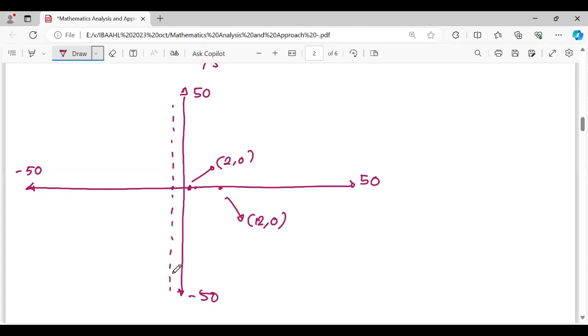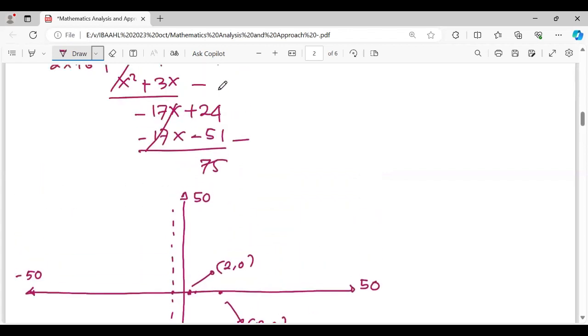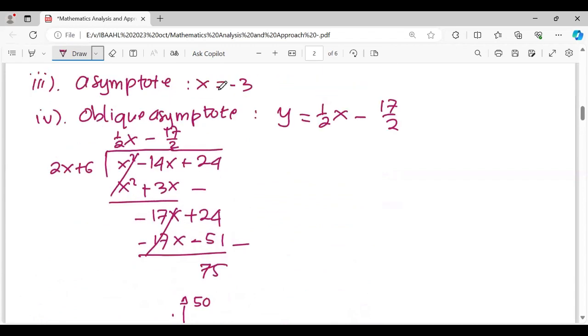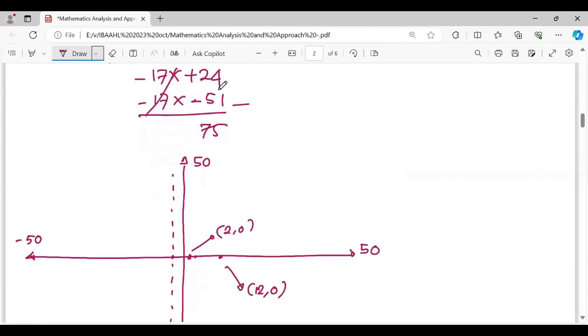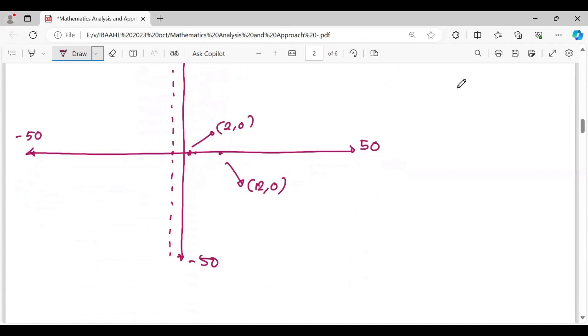Okay, and then the oblique asymptote, half x minus 17 over 2. If y equals 0, it means x is 17, around here.